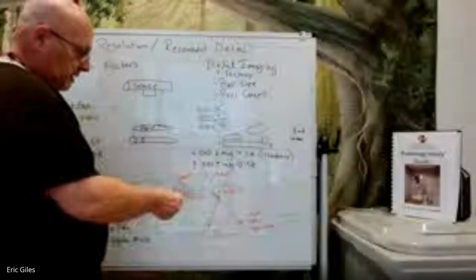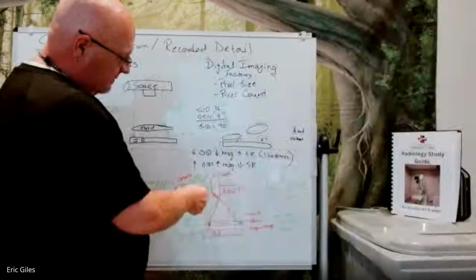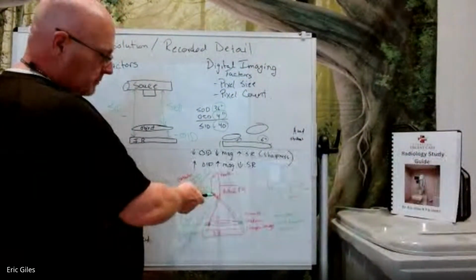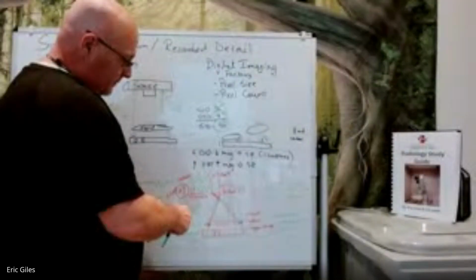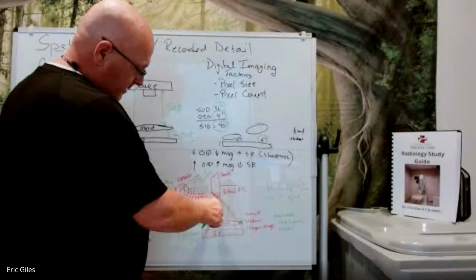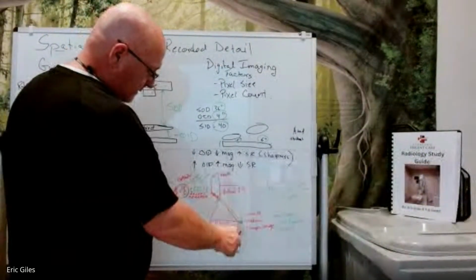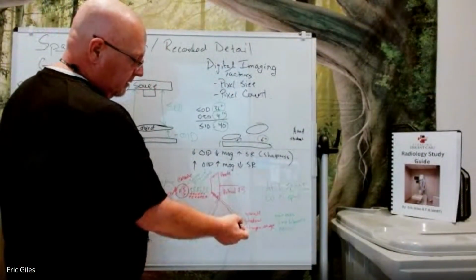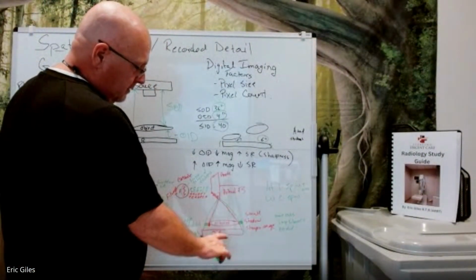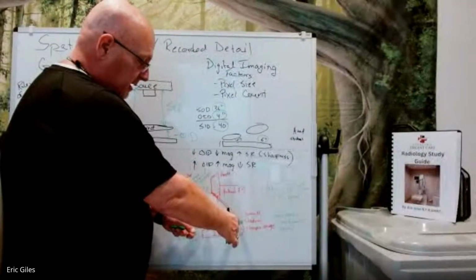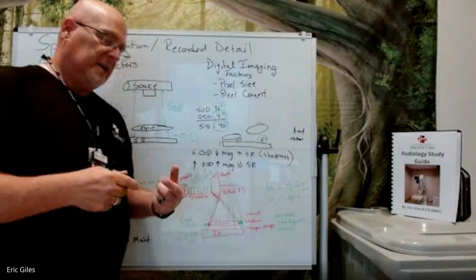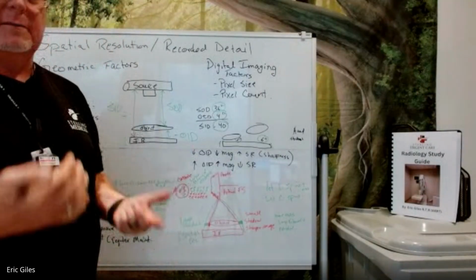So when we use the small filament and it brings this amount of electrons over to the focal spot of the anode, it produces X-rays, and our X-ray beam comes out of the collimator like this, kind of in a cone shape, and it hits our object, right? So if we use the small filament, we're going to have a small shadow on the outside, meaning that our recorded detail is better.